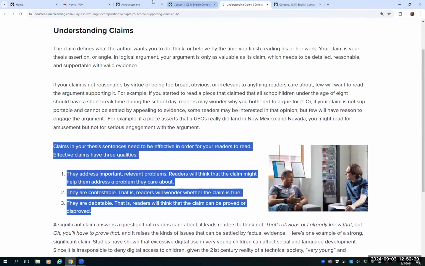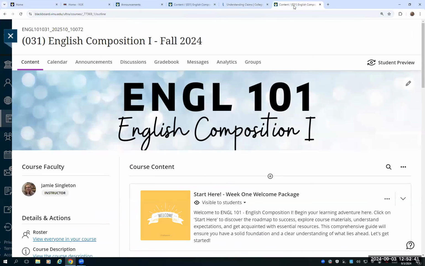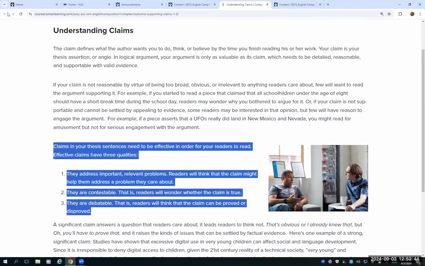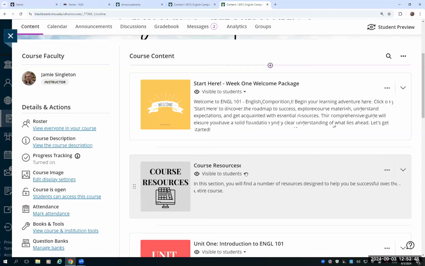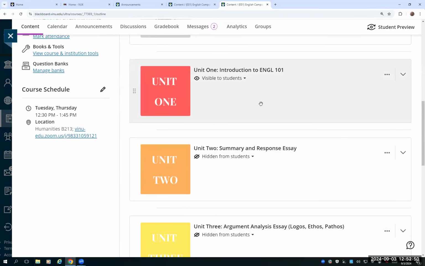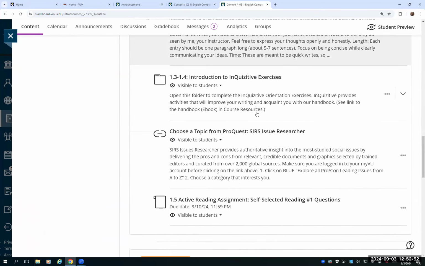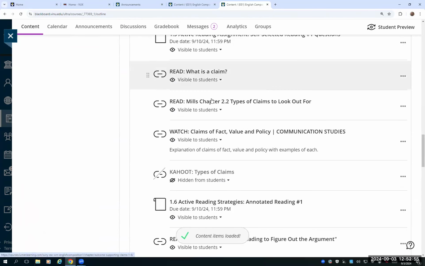So let's talk a little bit more about claims. Here in Blackboard, I'm going to go back in my Unit 1. And we've just read what is a claim. Now I'm going to go to 2.2, which is types of claims.